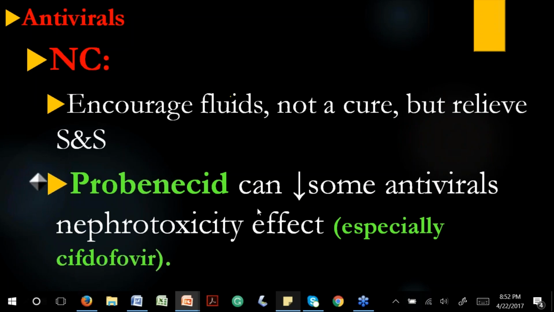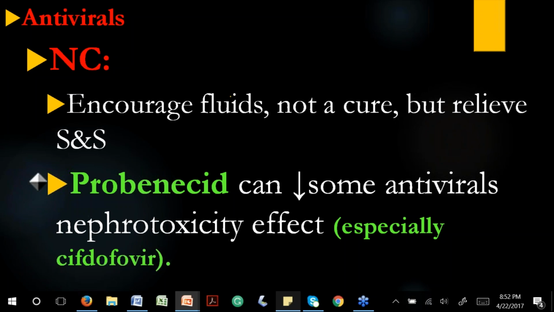All right, so here we have antivirals: encourage fluids. It's not a cure, but they are going to relieve signs and symptoms. Just keep in mind all the mnemonics that I was mentioning. And in general, what we are going to provide is probenecid.